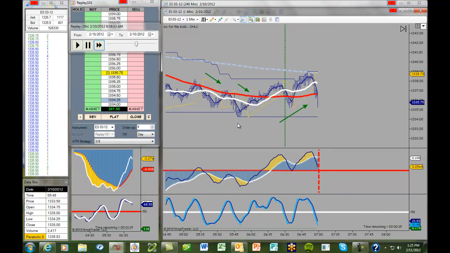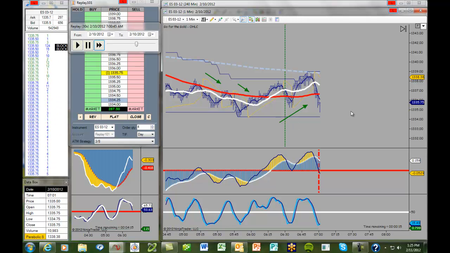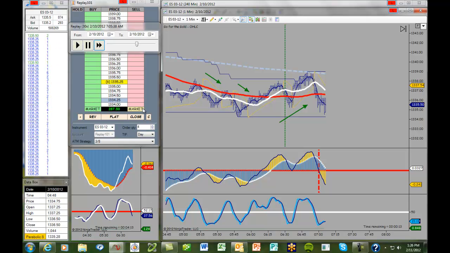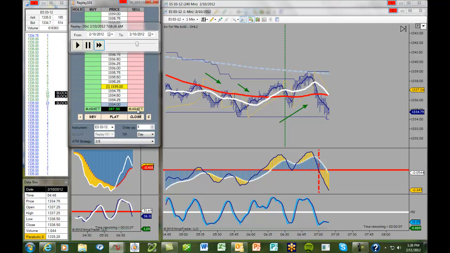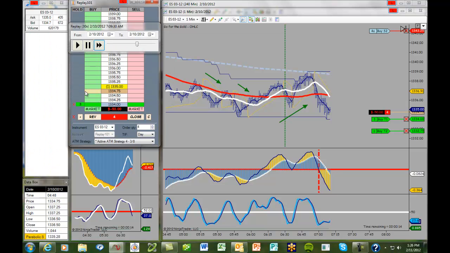Now, we're pretty solidly bullish on the 5-minute, but look at this here. I'll go short as soon as that white looks like it's going to go south of the red. Right now.